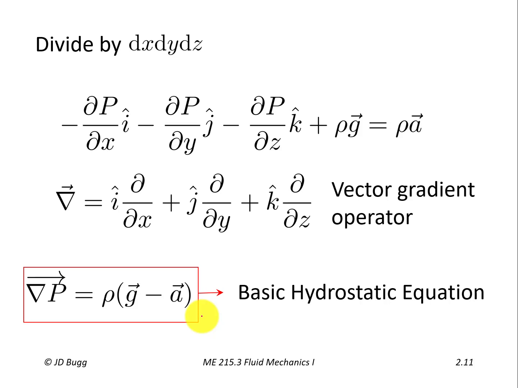We're going to have to learn, when we apply this equation in different scenarios, how to get information about the pressure from an equation that directly tells us information about the pressure gradient. And so I'm going to be talking a lot about that when we apply this equation in different situations. But for now, this is the end of our development of the basic hydrostatic equation.